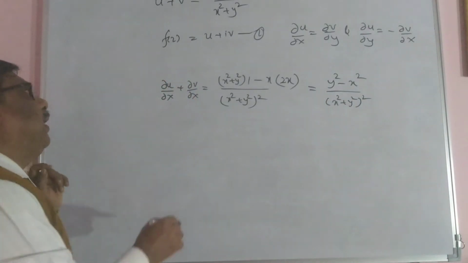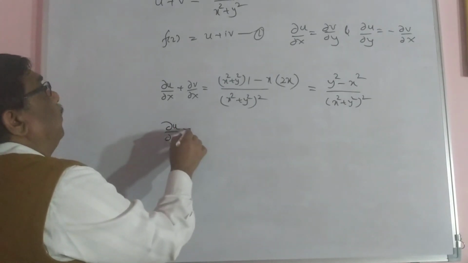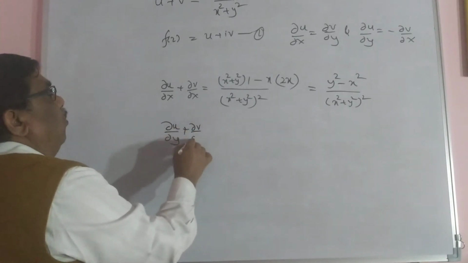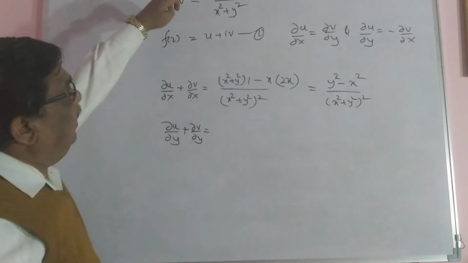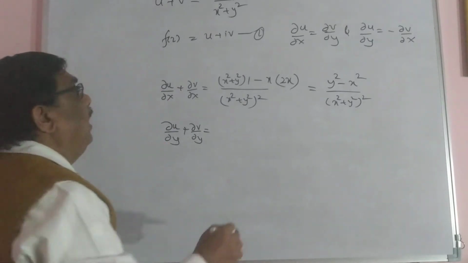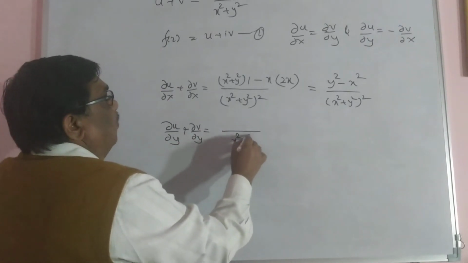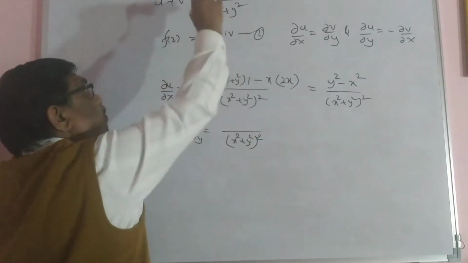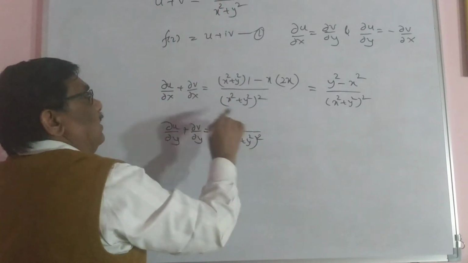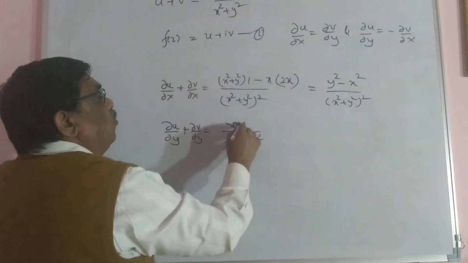And differentiate partially with respect to y. ∂u/∂y plus ∂v/∂y equal to, so the numerator is x, which is a constant, you are differentiating partially with respect to y, therefore just it is (x² + y²) raised to minus 1, so minus x, and differentiation of y² is 2y, so this is 2y.